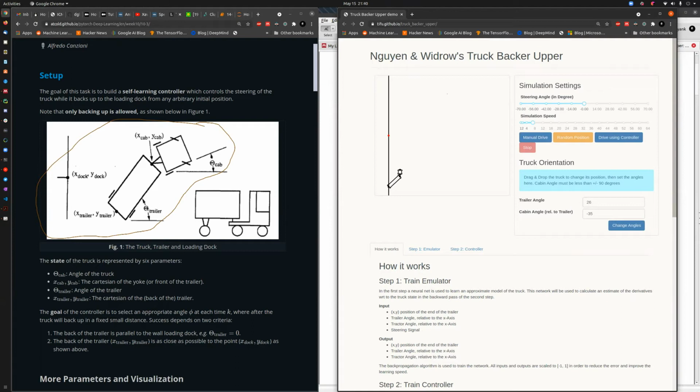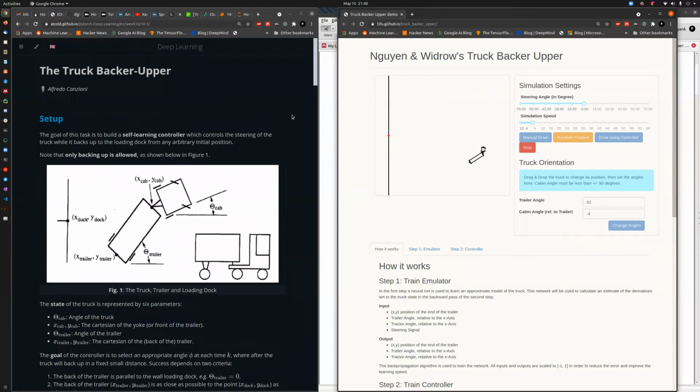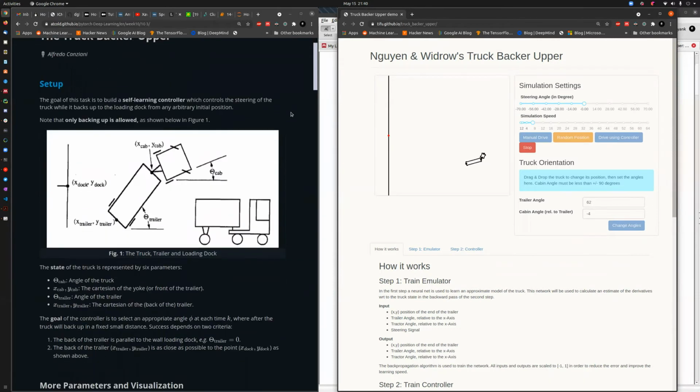This is the angle of the trailer and the cab. As you can see what it's trying to do, this gives a visual and quick, intuitive representation of the trucker problem. Trucker Backer Upper.